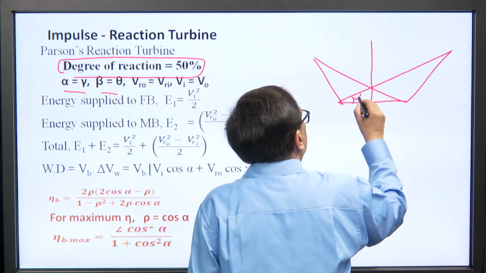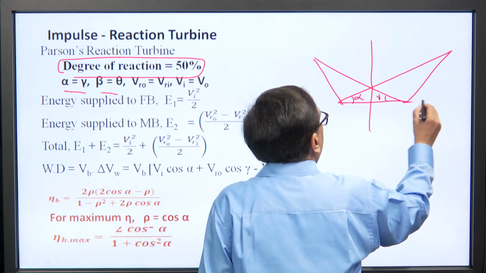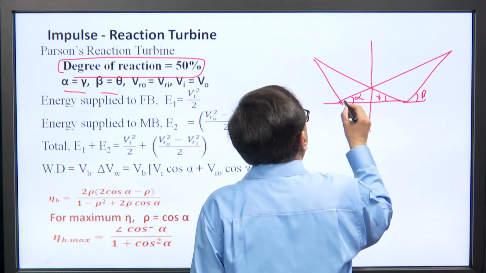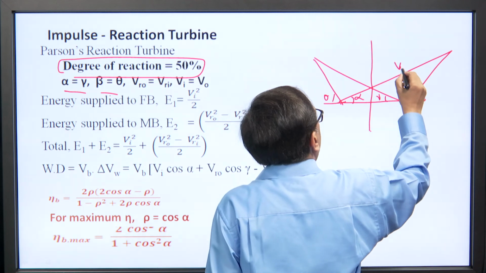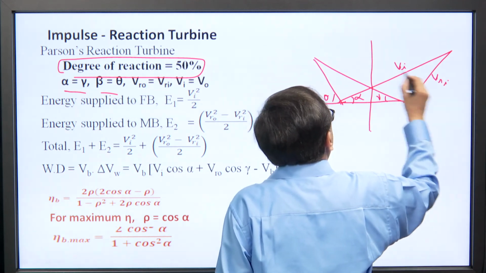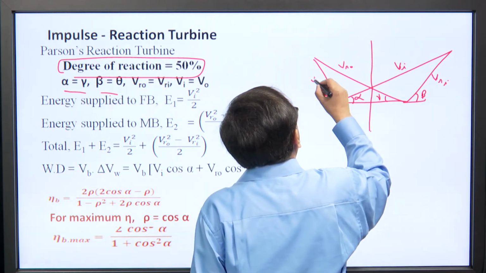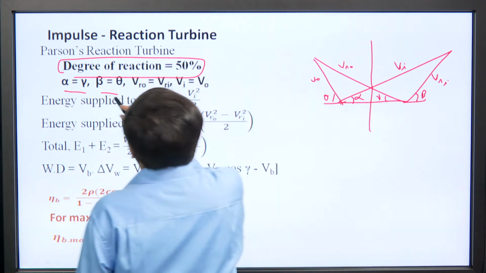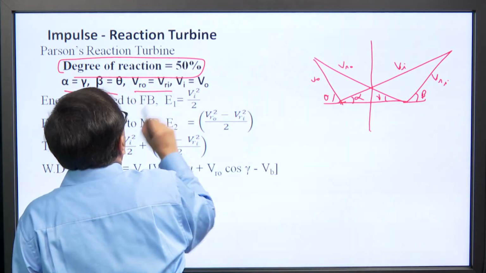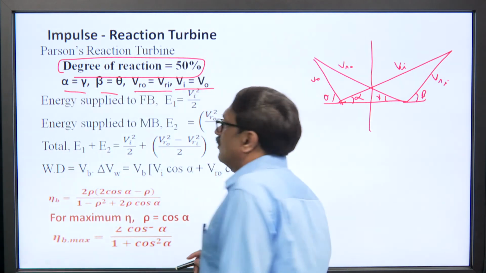This alpha is equal to gamma, and this beta is equal to theta. This is Vi, this is Vri, this is Vro, this is Vo. When alpha is equal to gamma and beta is equal to theta, it will give you Vro is equal to Vri and Vi is equal to Vo.